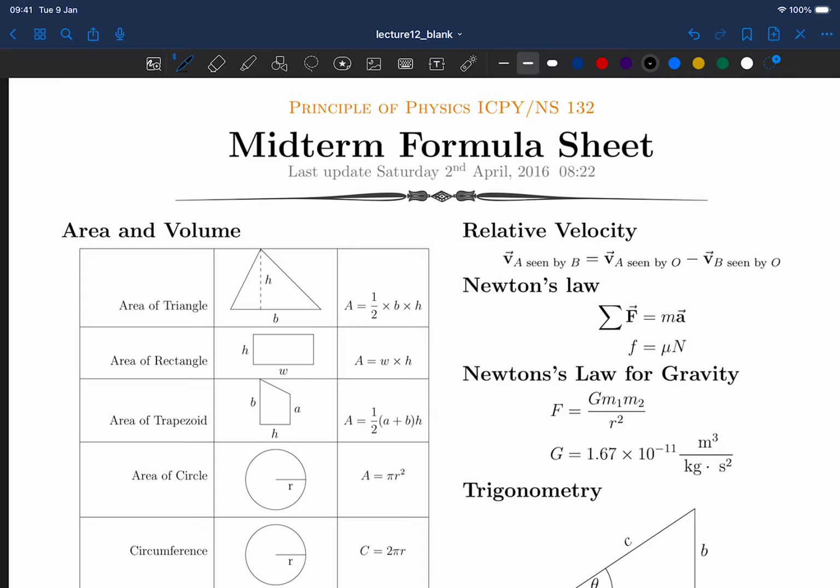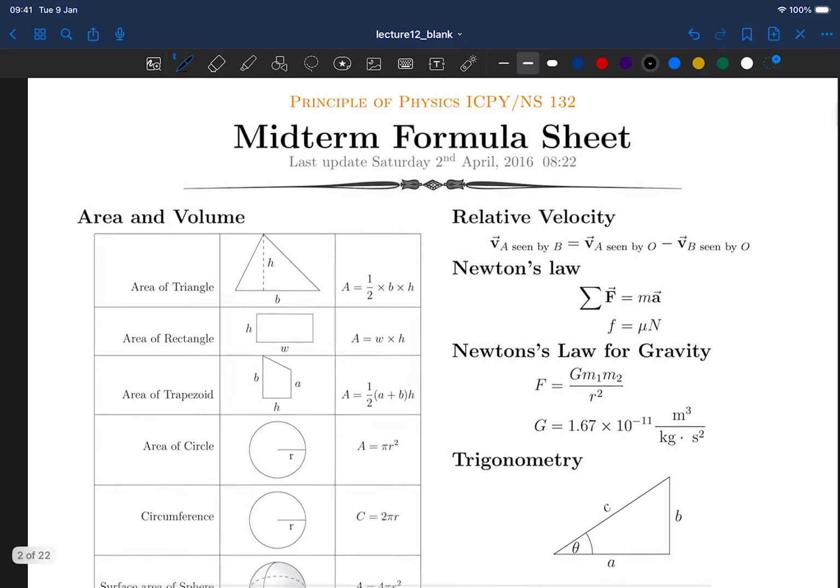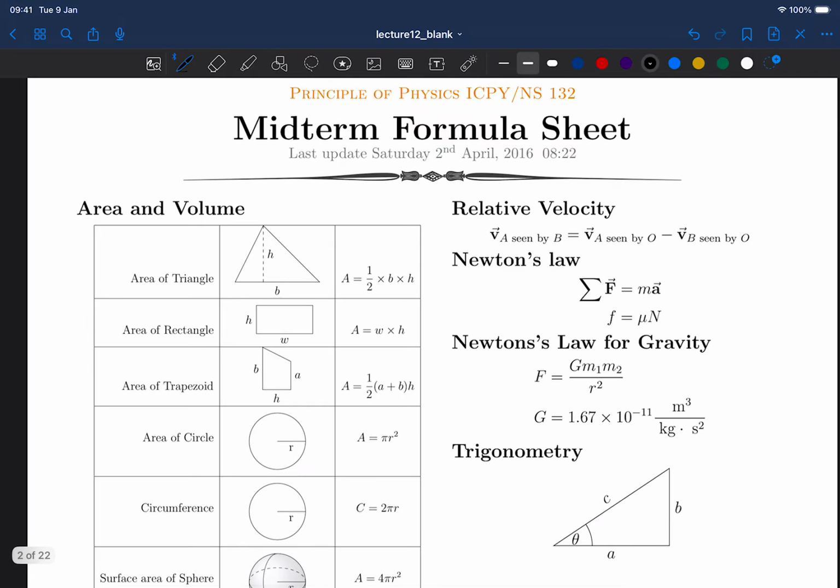But that means some of the formulas are not used anymore, not because they're outdated, but because we changed the material covered in physics 1. So this part here is not on the exam. So don't worry about this.